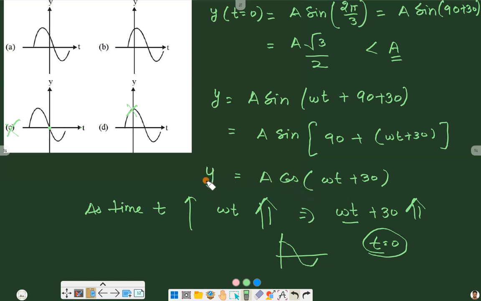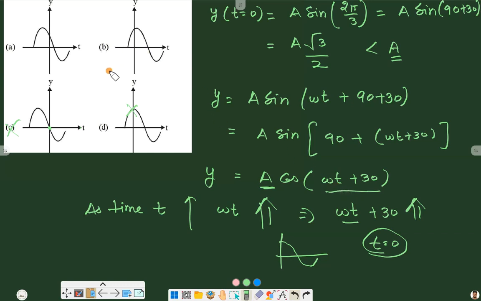So for y equal to a cos omega t plus 30, this angle is increasing, and when the angle increases the value of cos decreases, so after t equal to 0, that is at t equal to 1, t equal to 2, t equal to 3, the value of amplitude will decrease.